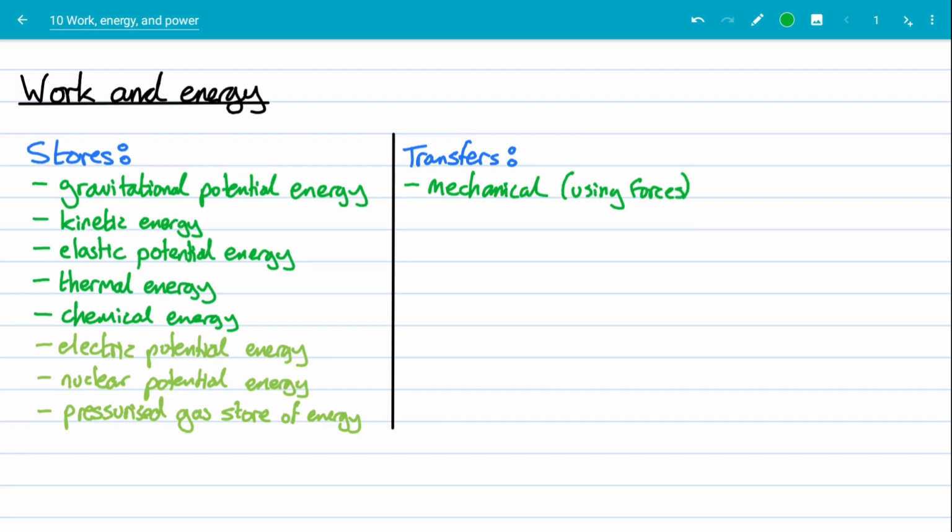We also have energy that can be transferred by an electric current. Now that's a little bit more complicated, and we'll talk about electric currents in one of the later topics when we introduce electricity.